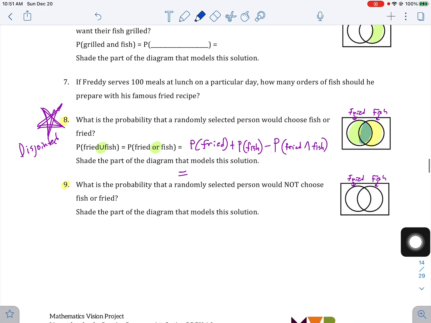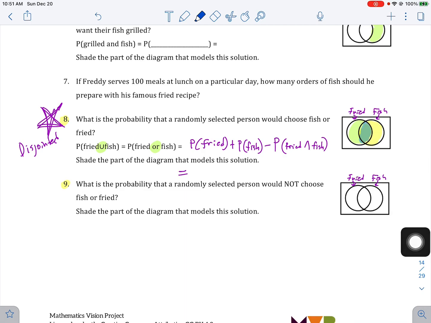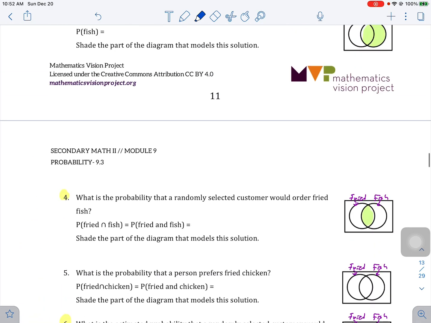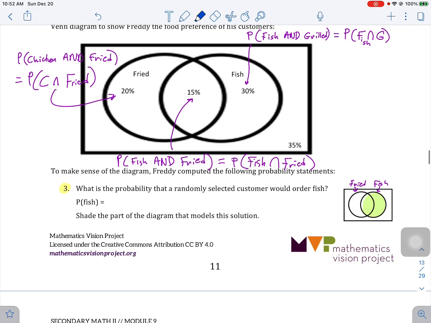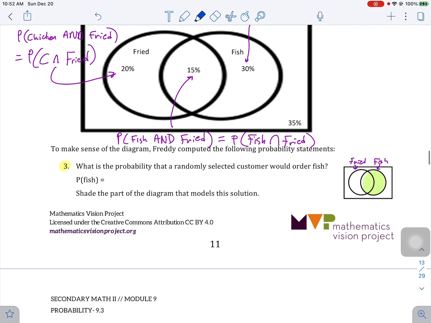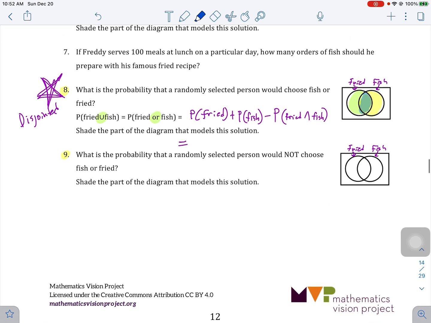We can also get the actual numbers by using this equation, P of fried. So if we look at P of fried, 20 plus 15 is 35.